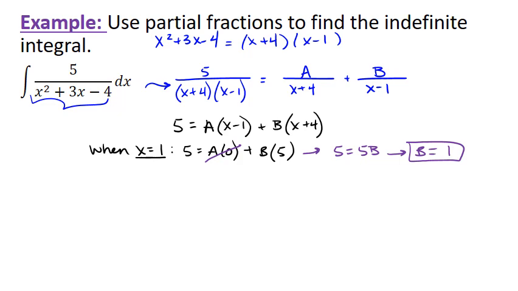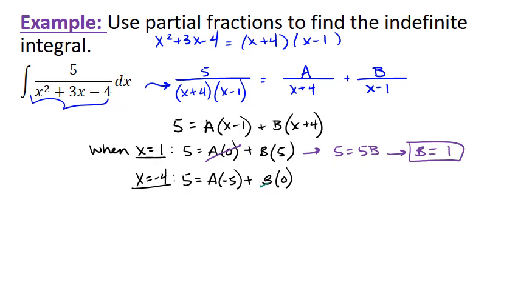Now I'm going to make another suggestion: let x equal -4. The reason I've chosen -4 is so that this B term can cancel out. So when I plug -4 in, I have 5 is equal to A times -5 plus B times 0.